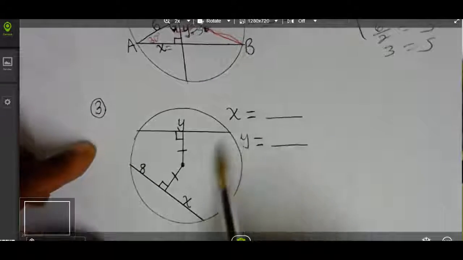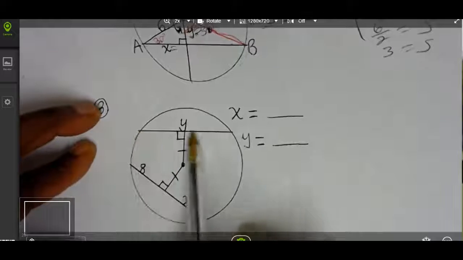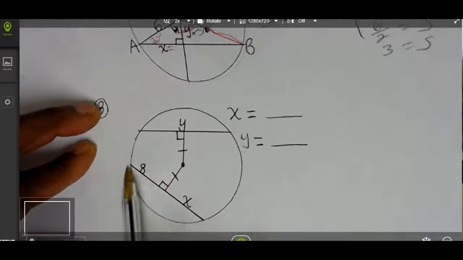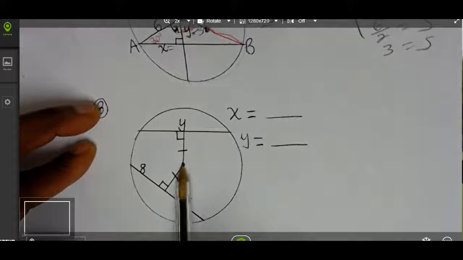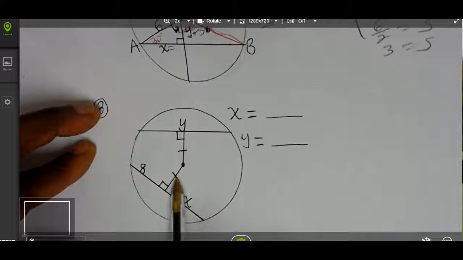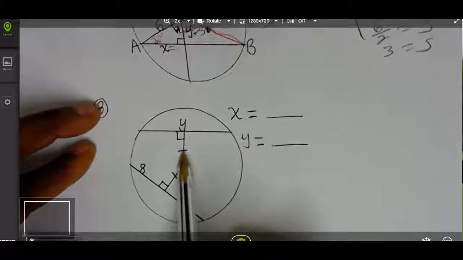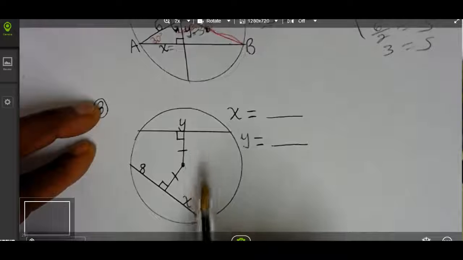Okay, let's look at another one. Here we have a chord and another chord here, and of course they show us that these 2 segments are equal. When the chords are equally distant from the center, then the chords are congruent.